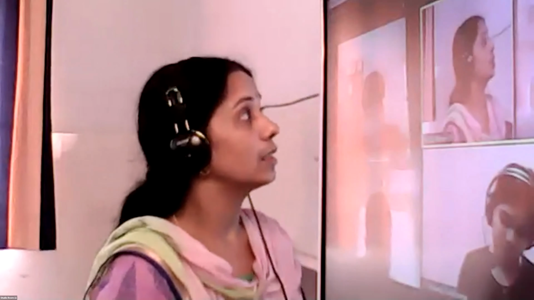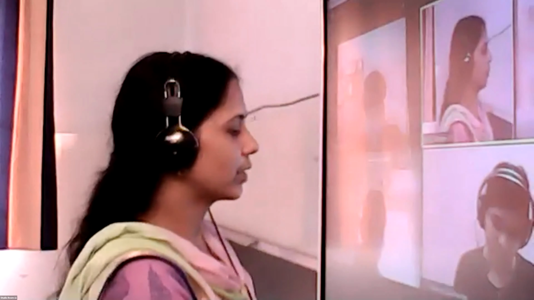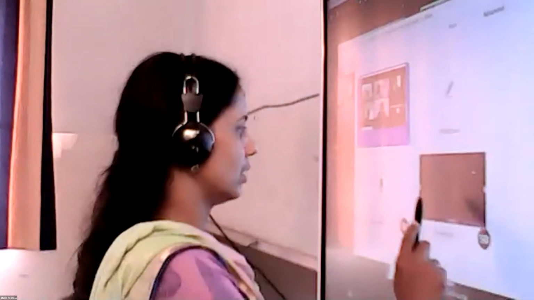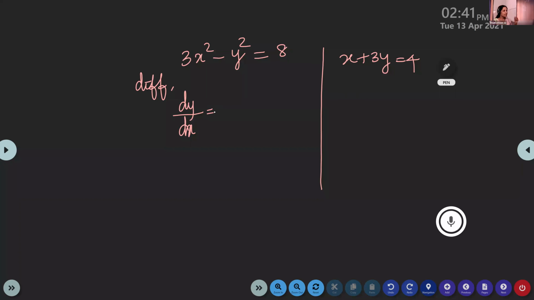Find the equation of normal to the curve. Okay, we are going to find the normal to the curve, which is parallel to the line. Find dy by dx and tell me what is dy by dx in the first case. 6x minus 2y dy by dx.